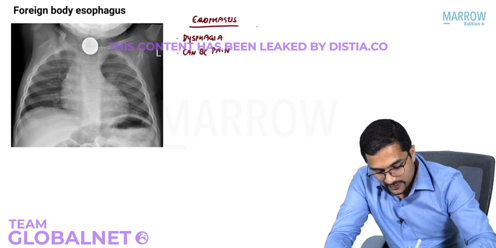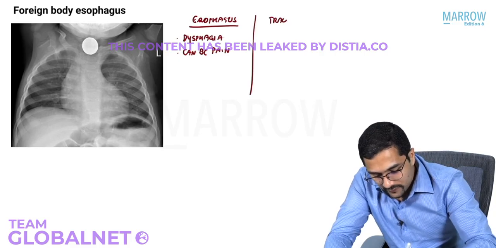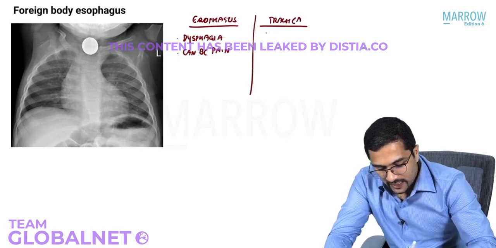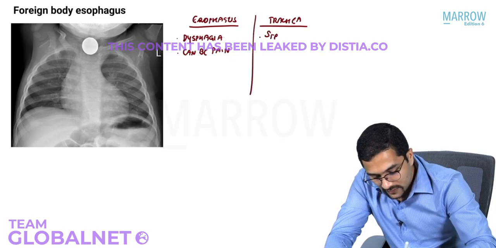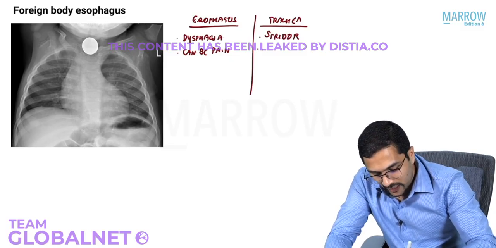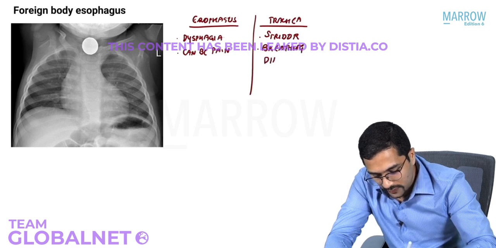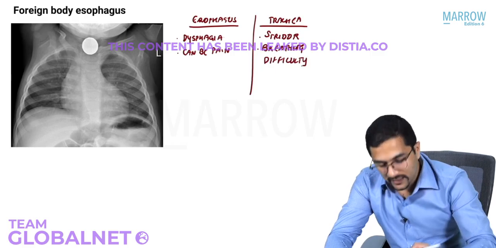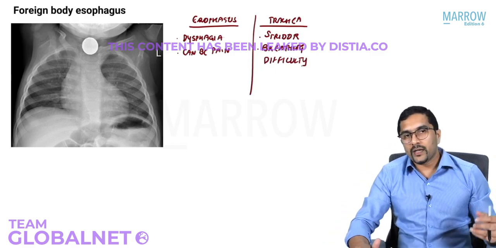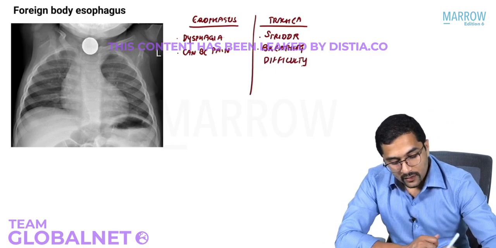Whereas if it has gone into the trachea, the child can have a stridor and breathing difficulty. So the first thing you should look out for in the clinical question is whether they're complaining of dysphagia or of breathing difficulty.